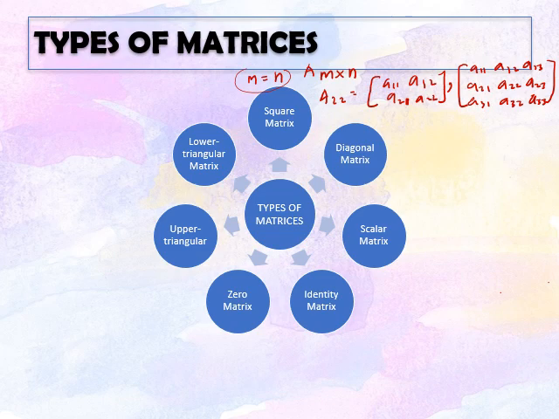A diagonal matrix is where only the elements Aij where i equals j have values. If it's 2 by 2 like this, A11 and A22, everywhere else will be 0. This is a diagonal matrix.